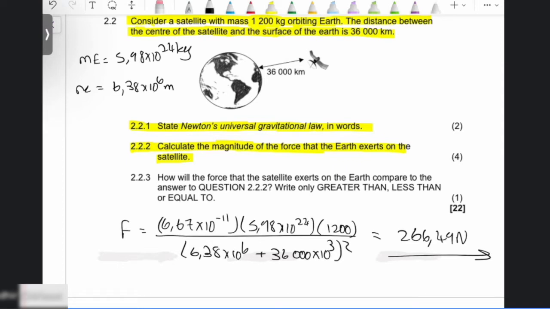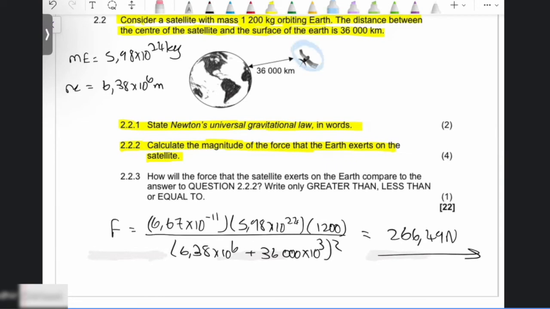So that's the gravitational force that the satellite exerts on Earth, and what Earth exerts on the satellite. Okay. Also, let me check. Okay, yeah.